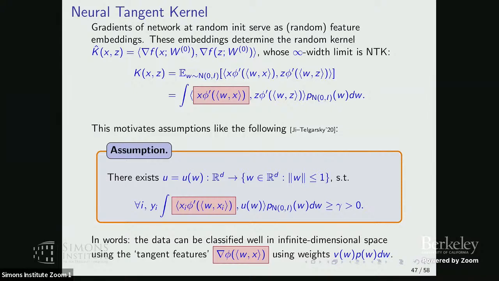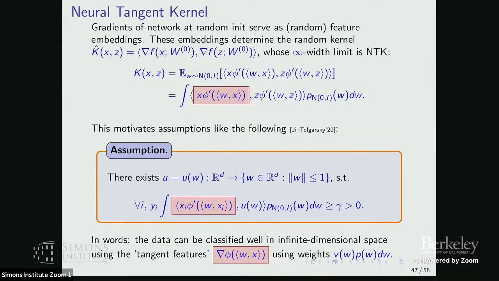This expectation we can write in terms of an integral. The whole idea is that these x's and phi prime of w dot x, this quantity itself, is a feature that we're interested in that naturally emerges when we take this infinite width limit at initialization.